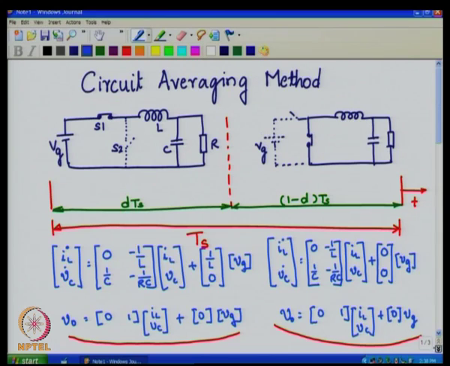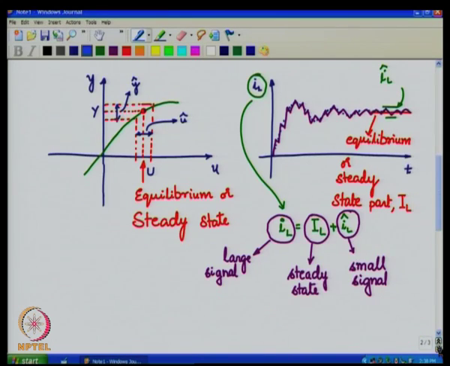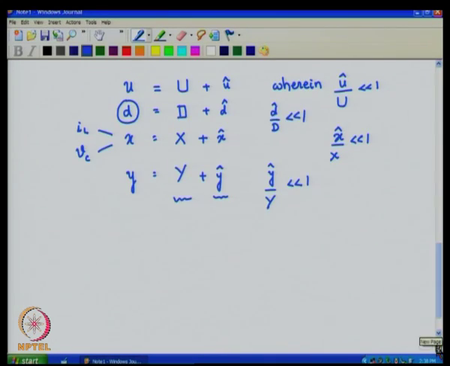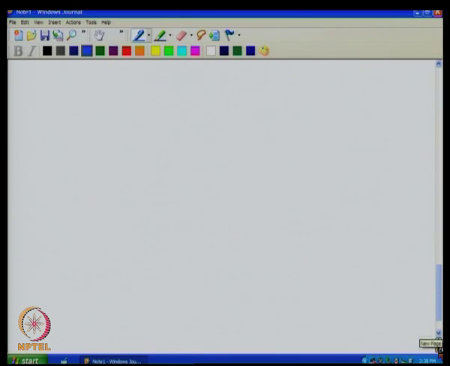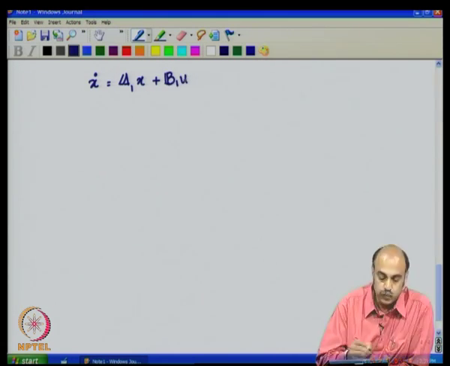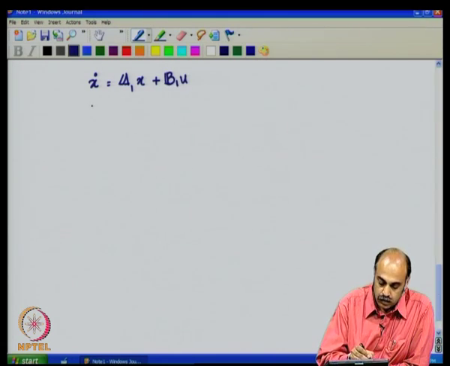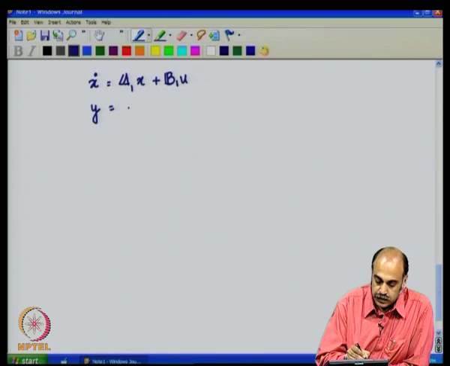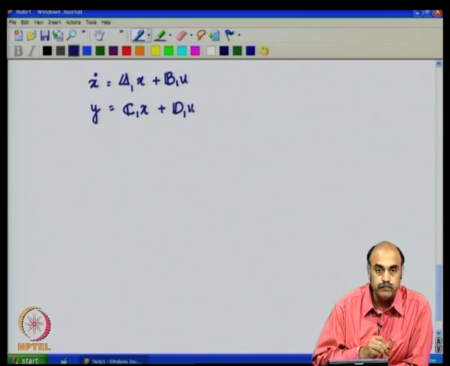So, now coming back to our model, we have the two models, which I will compactly write as x dot equals A1 x plus B1 u, y output equals C1 x plus D1 u.